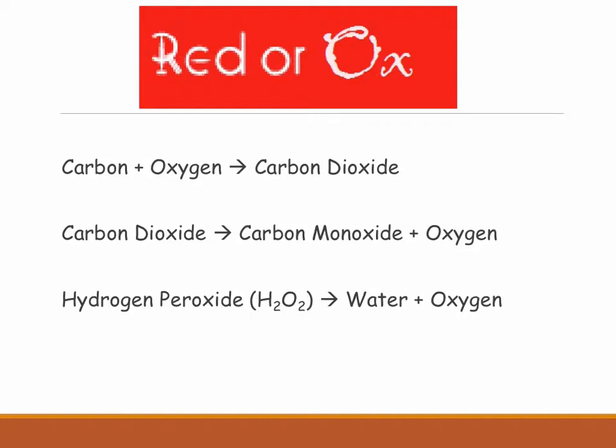Carbon dioxide has 2 oxygens, monoxide has 1 oxygen. We've got a loss of oxygen, therefore a reduction. And finally, we have hydrogen peroxide, which is H2O2, forming water and oxygen. Water is H2O. In going from H2O2 to just H2O, we have lost oxygen, therefore this is also a reduction.